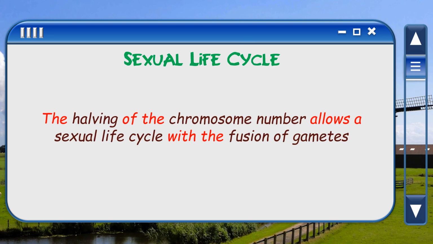The halving of the chromosome number allows a sexual life cycle with the fusion of gametes.